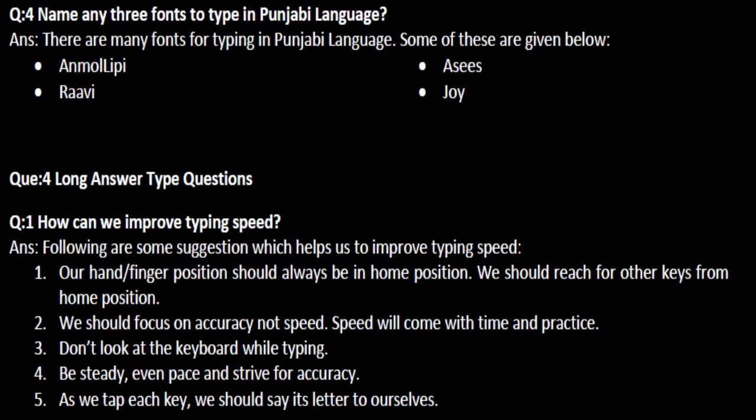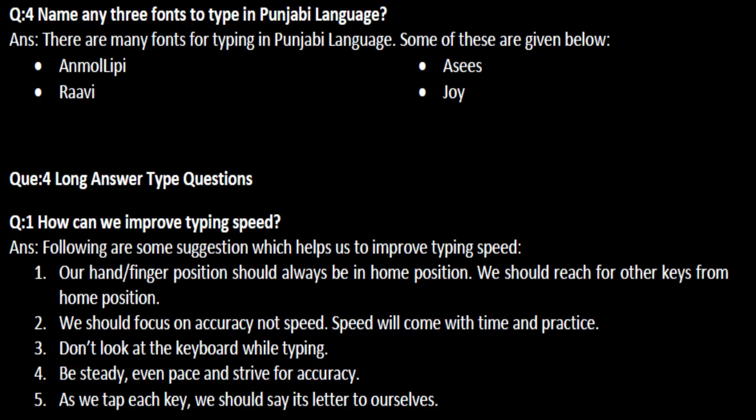Now we have to discuss long answer type questions. In long answer type questions, we need to answer in 2 paragraphs or 10 or 15 sentences or maybe in points. So let's discuss how we can improve typing speed.